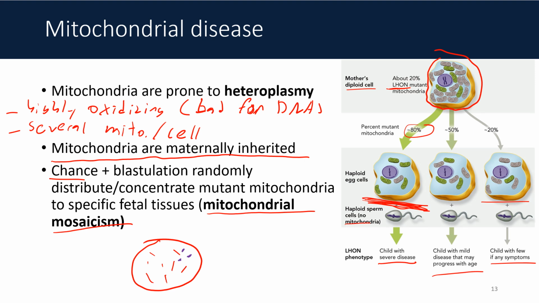So the cell is going to start rapidly dividing. And if you've noticed, we have concentrated the bad mitochondria into this part of the developing blastula.